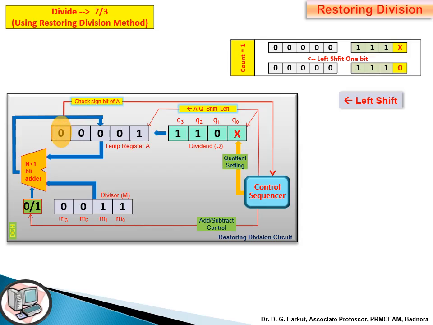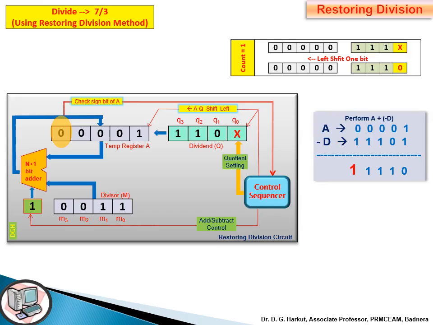Next, subtract B from A, which will use 1110, which is updated in register A. Control sequence generator checks the sign bit of temporary result.